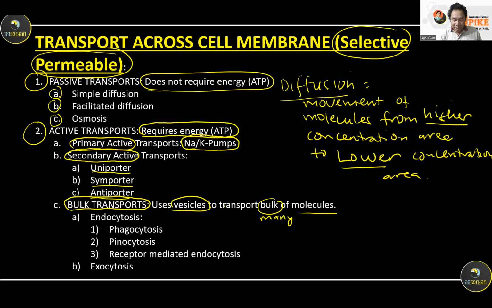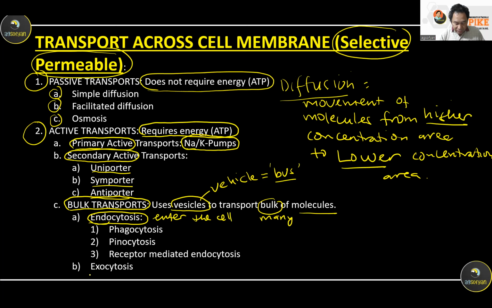This is just like a vehicle, like a bus, for example, that carries many students or many people at one time. So this is what we call the bulk transport. And there are two types of bulk transport. If it enters into the cell, it's called the endo. Endo means enter. So this is endocytosis, enter the cell.